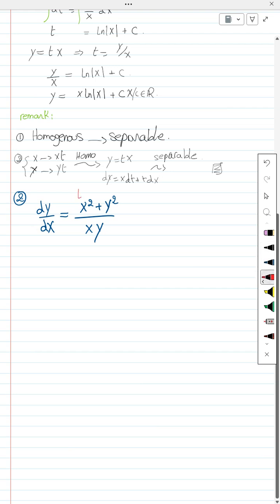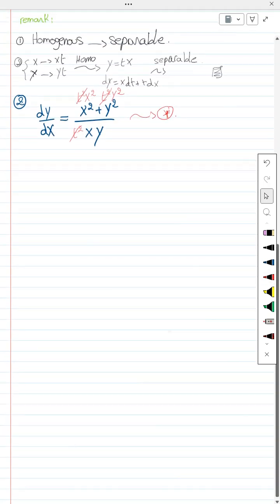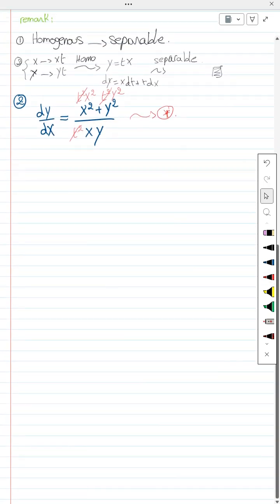So here it's going to be tx all squared, which is t squared x squared, and here is going to be t squared y squared, and here it's going to be tx and ty, t times t, it's going to be t squared, and it's going to get canceled in the numerator and denominator. So it's going to be our first equation. What should we do right now is just to replace y by tx and dy by its value.